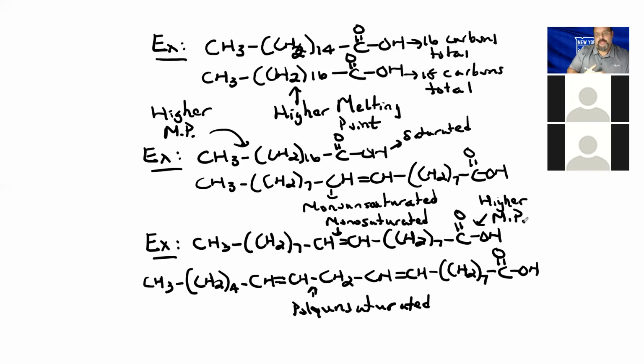When you have polyunsaturated, now it's even more difficult for dispersion forces to exist between the carbon chains. So with the situation becoming even more difficult, there are going to be fewer dispersion forces between the carbon chains of a polyunsaturated fatty acid. And therefore, when you look at a sample of the monounsaturated fatty acid, you would find more dispersion forces between the molecules. And therefore, the monounsaturated fatty acid would have the higher melting point.